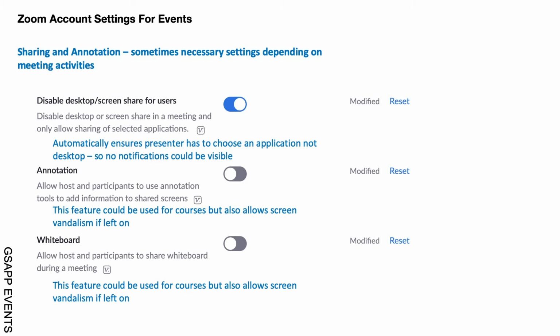So I recommend in general, when you're creating meetings and to maintain your account, that annotation and whiteboards not be used. I also recommend making sure that people cannot share their entire desktop. Students and yourself, actually, in your account, it makes more sense for you to make it so that you cannot share your desktop.